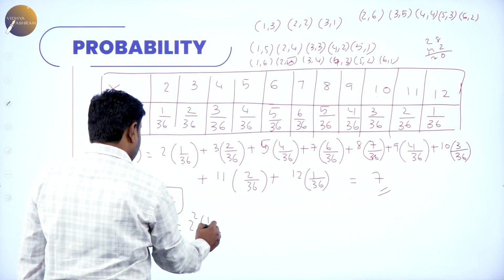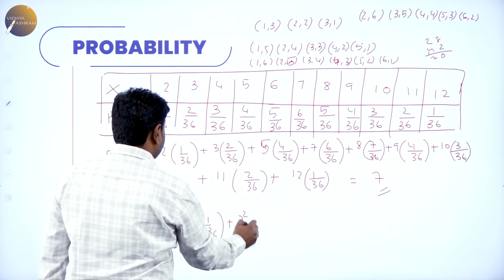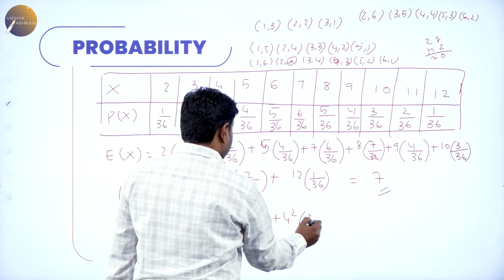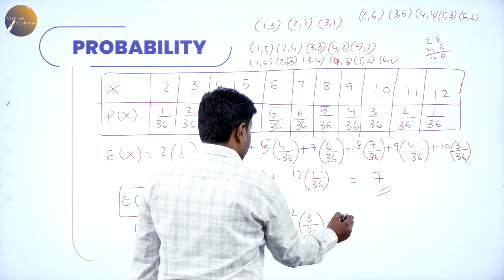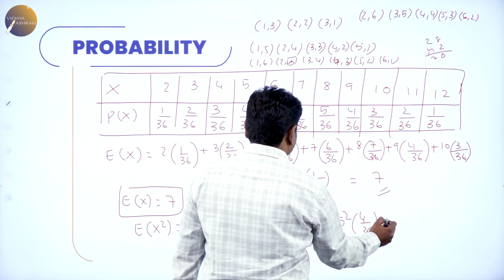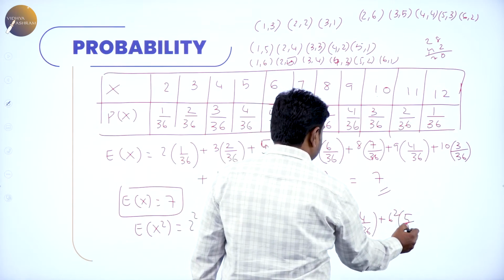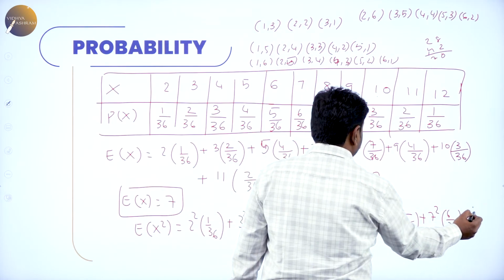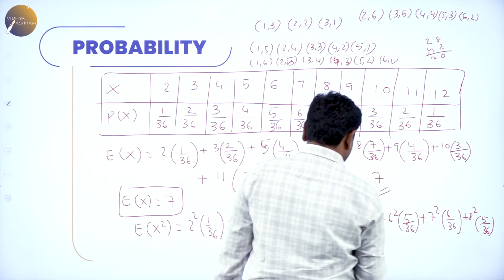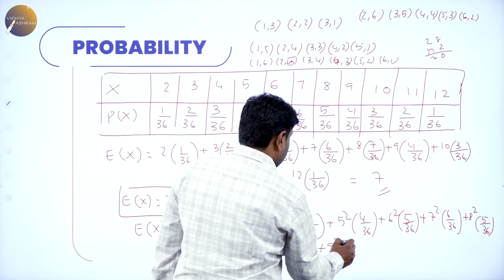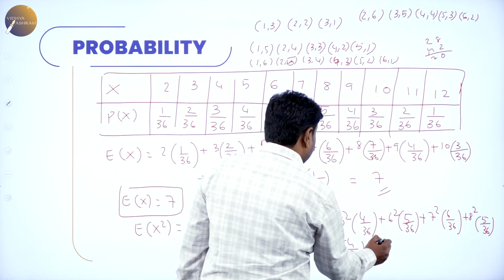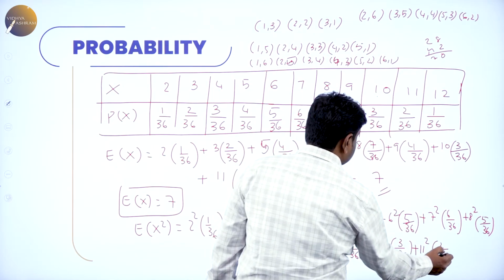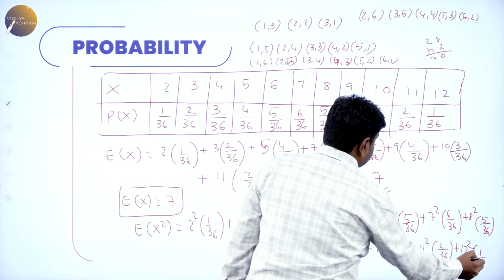2 square into 1 by 36 plus 3 square into 2 by 36 plus 4 square into 3 by 36 plus 5 square, that is 25, into 4 by 36 plus 6 square into 5 by 36 plus 7 square into 6 by 36 plus 8 square into 5 by 36 plus 9 square into 4 by 36 plus 10 square into 3 by 36 plus 11 square into 2 by 36 plus 12 square into 1 by 36.